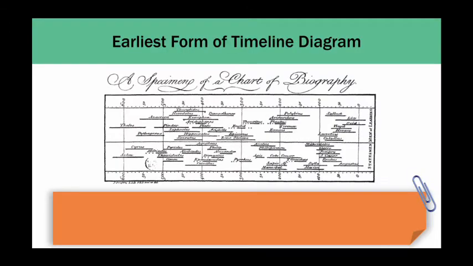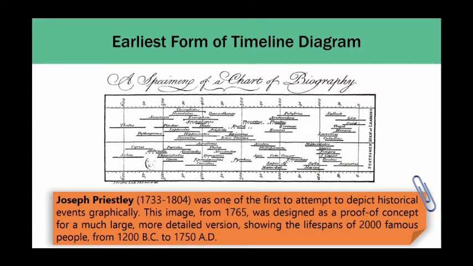Next is this timeline diagram. It was created by Joseph Priestley. It is the first attempt to depict historical events graphically. It shows the lifespan of 2,000 famous people from 1200 BC to 1750 AD.